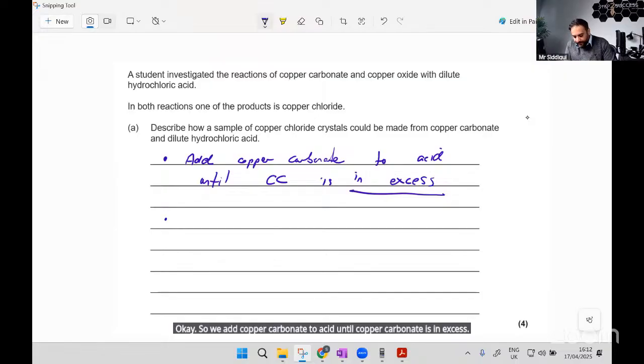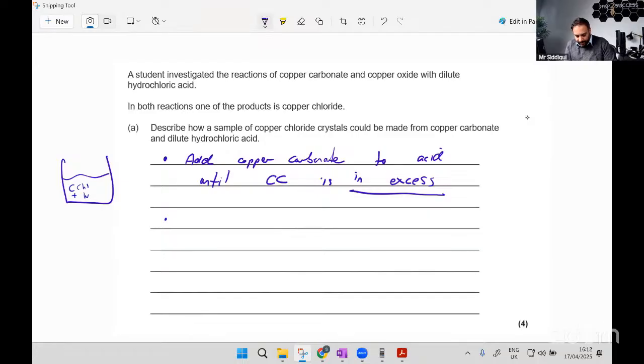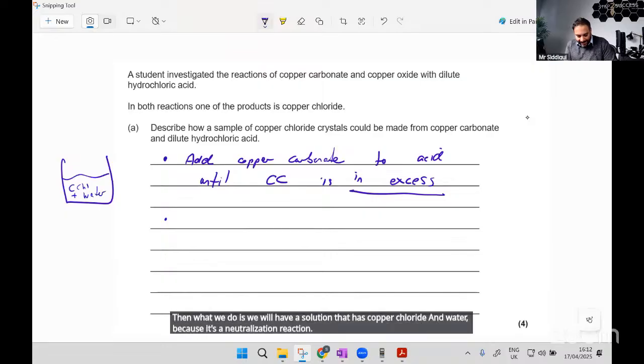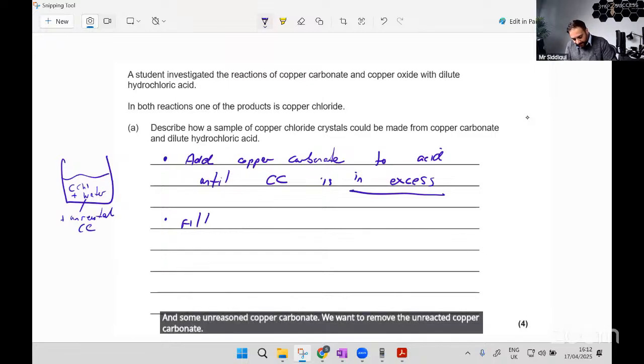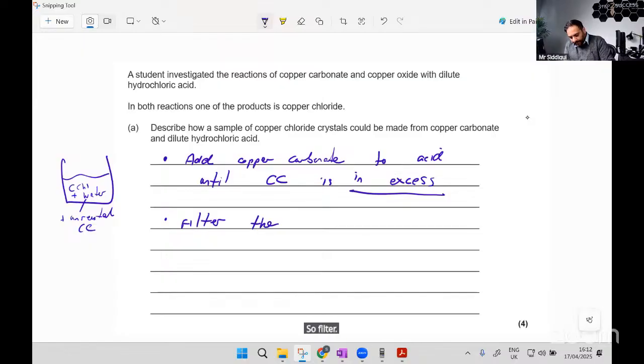Then we will have a solution that has copper chloride and water, because it's a neutralization reaction, and some unreacted copper carbonate. We want to remove the unreacted copper carbonate, so filter it.